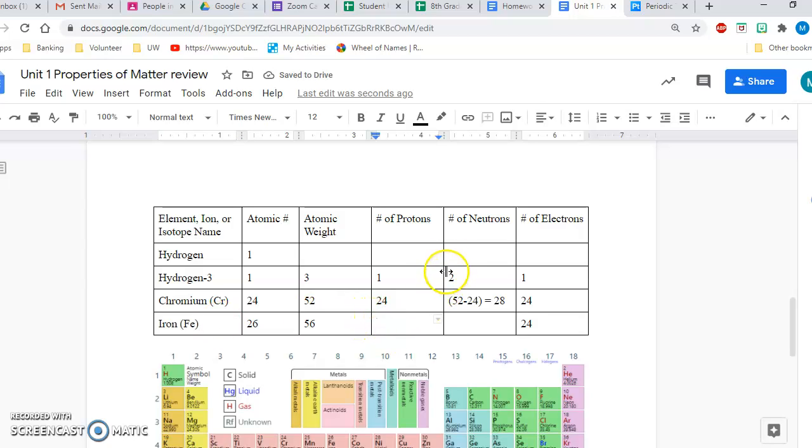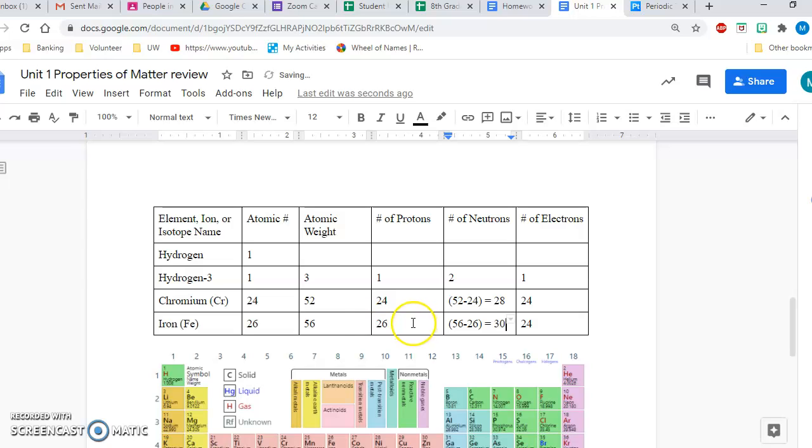Now, our number of protons are always the same as the atomic number. If we change the number of protons, we are changing the element itself. The number of neutrons is just simply the same as always, 56 minus 26, which is our atomic weight minus our number of protons, which is 30.